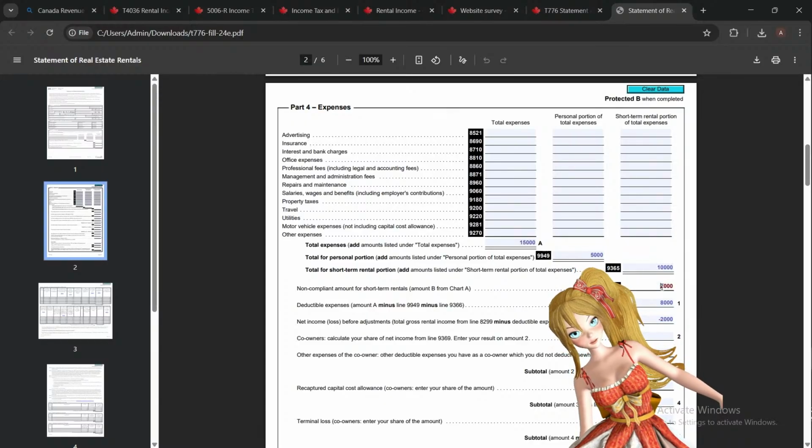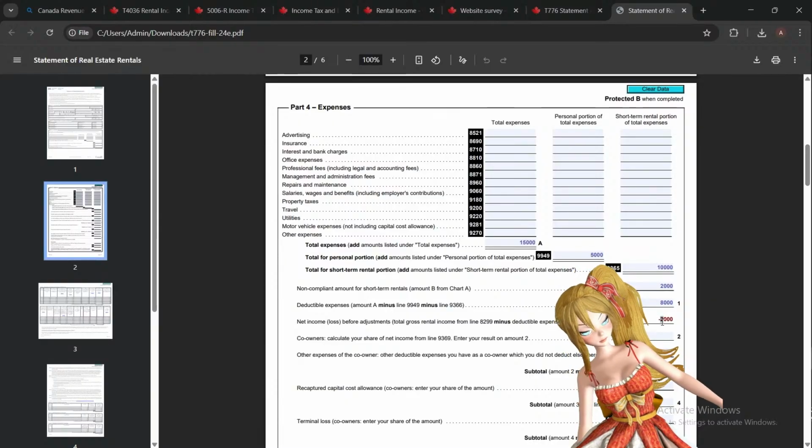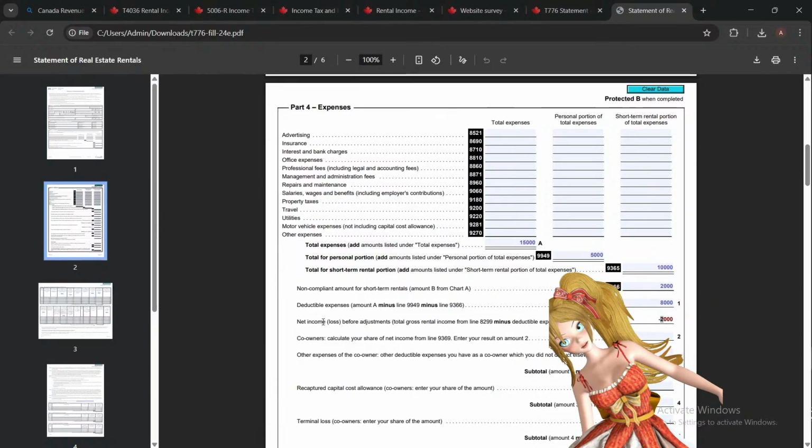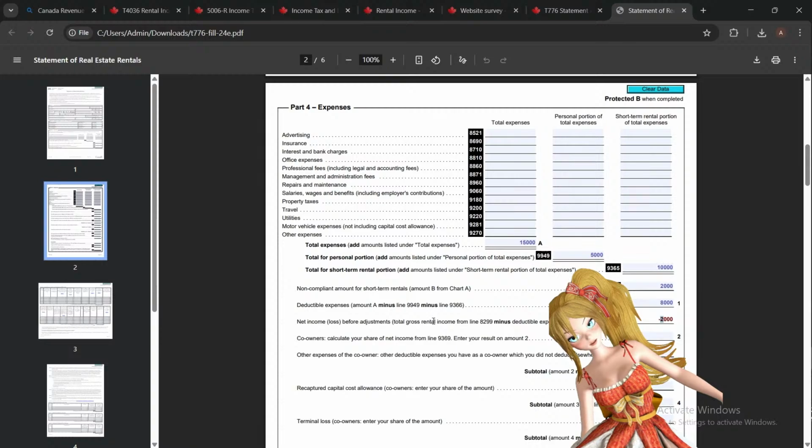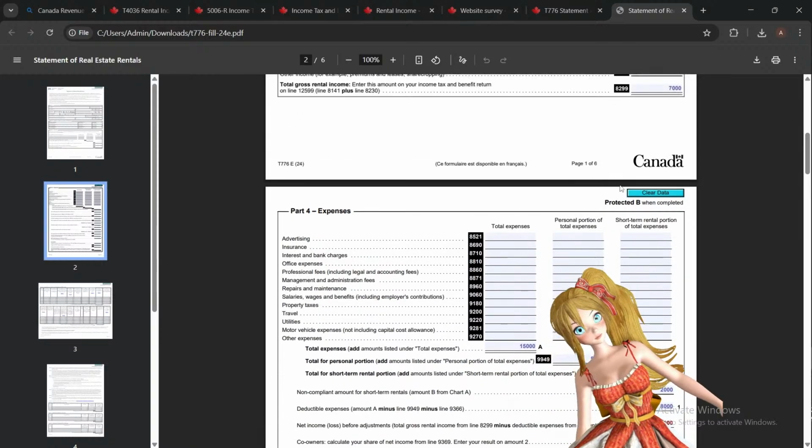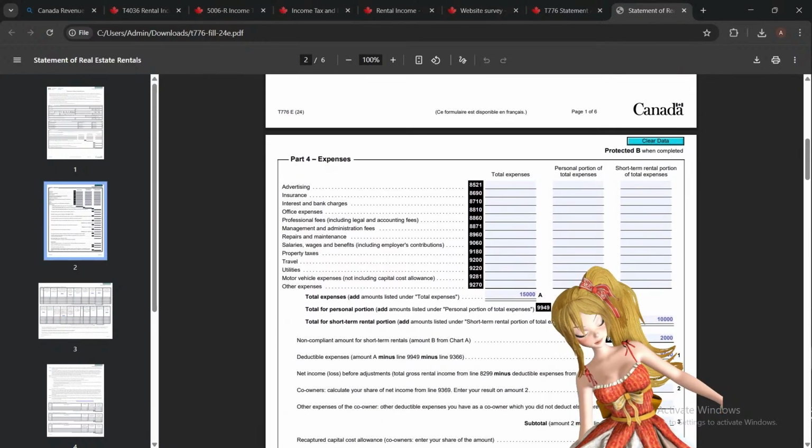Does this make sense? Someone gives me $1,000, which reduces my income by 1,000. Gross rental income. No. Oh, it's 7,000. No, I did it wrong. That's my bad. 7,000.